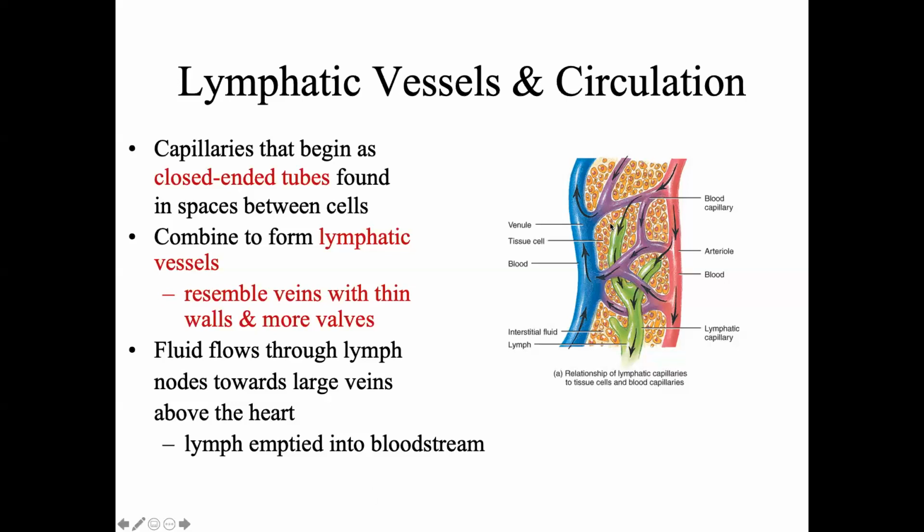It's important because of what happens when you get a cut, right? We've all gotten a cut in our arm, in our fingers, or a scrape, or even a mosquito bite. What happens? When you have a mosquito bite or you get a cut, you're causing some kind of trauma on the skin.